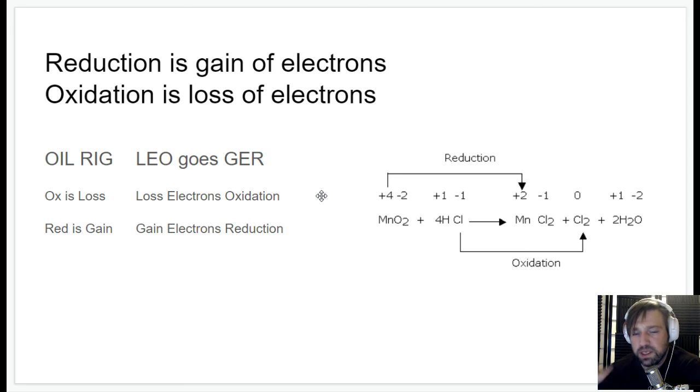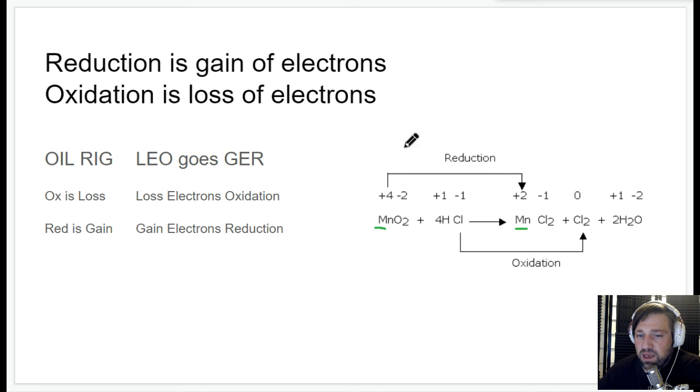All right, and here's a couple little mnemonics for it. OIL RIG is kind of how I remember it. Oxidation is loss, reduction is gain. But what you can do is go through and assign your oxidation numbers to all of these things in the reaction. And you can see, oh wait, the manganese here and the manganese here went from a +4 to a +2.